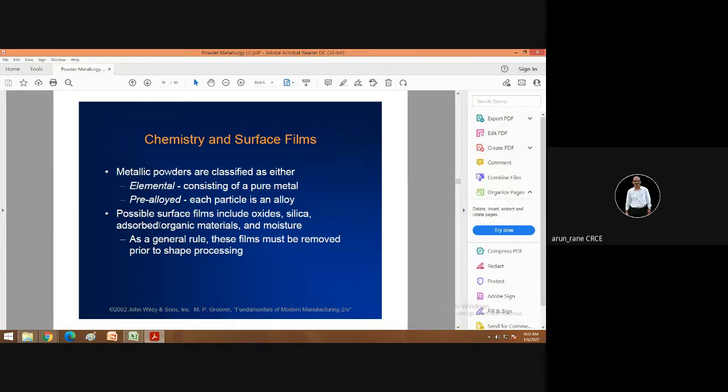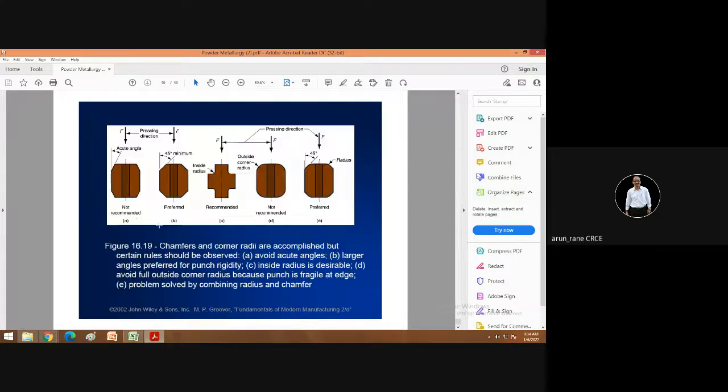Metallic powders can be classified as elemental or pre-alloyed. Elemental means it has pure metal, and pre-alloyed means each particle is an alloy. Material is supplied as flat or sheet.